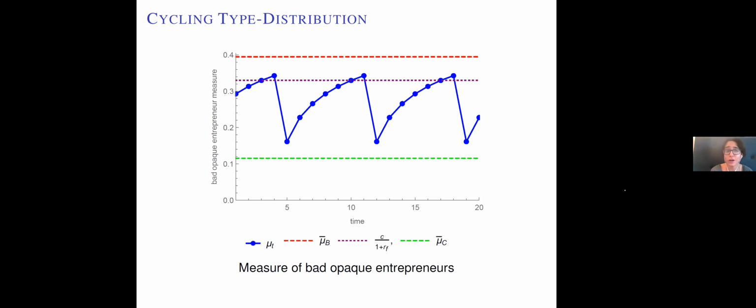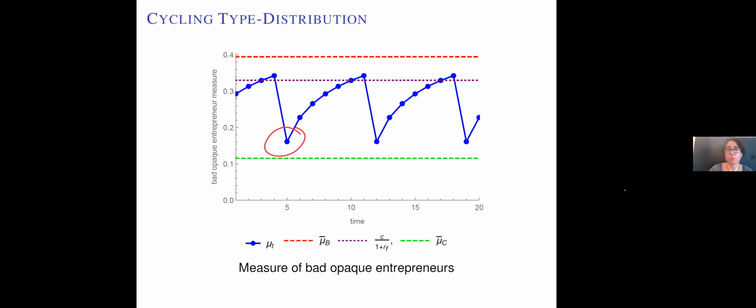So if we start from a state variable which is below the threshold, this is a distribution of entrepreneurs where there are few bad opaque entrepreneurs. So all investors are bold.